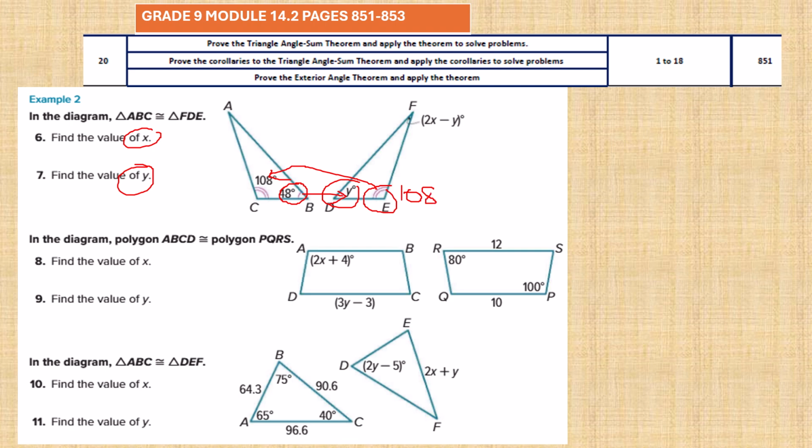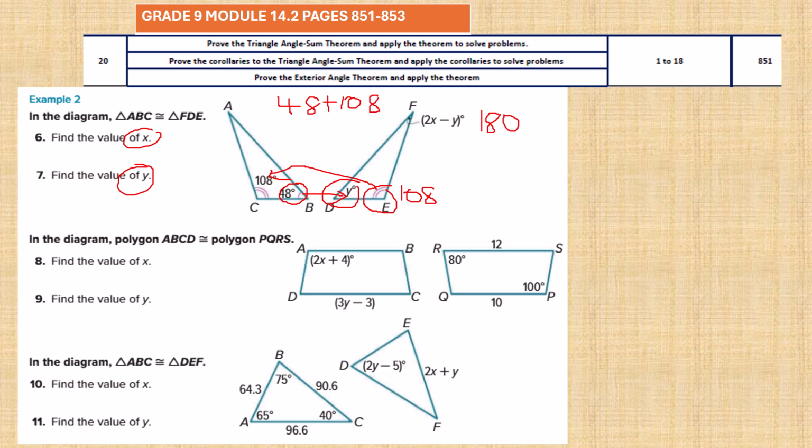We also know that all the angles in a triangle always add up to 180 degrees. So now we're going to write an equation. Our equation will be 48 plus 108.